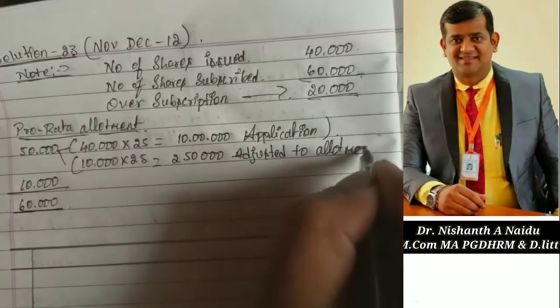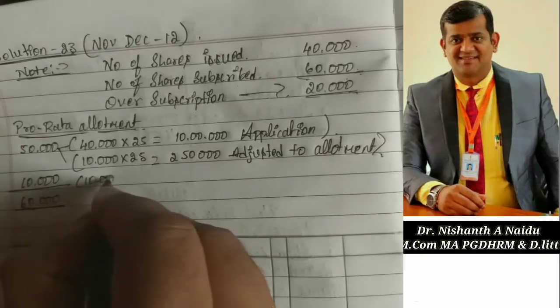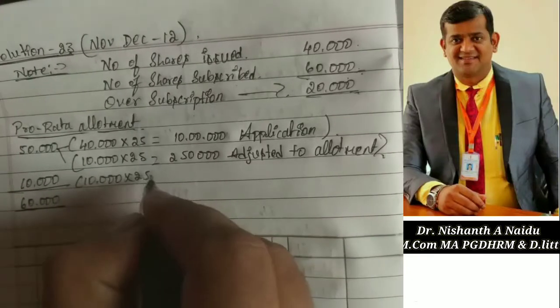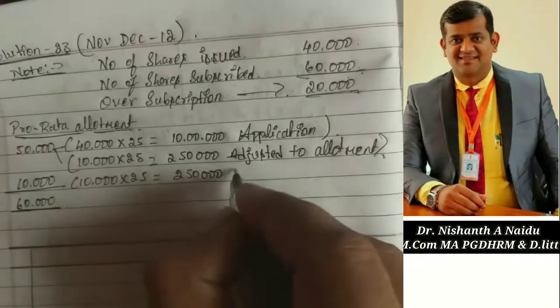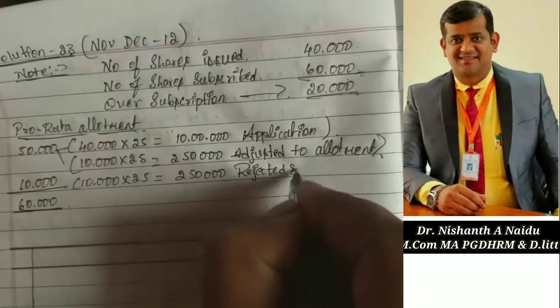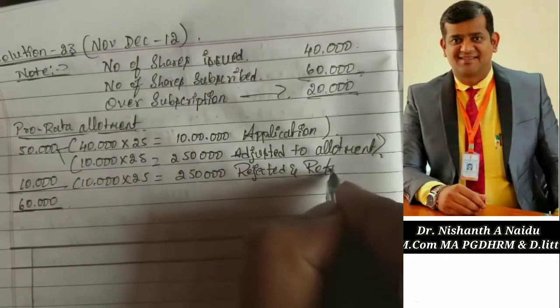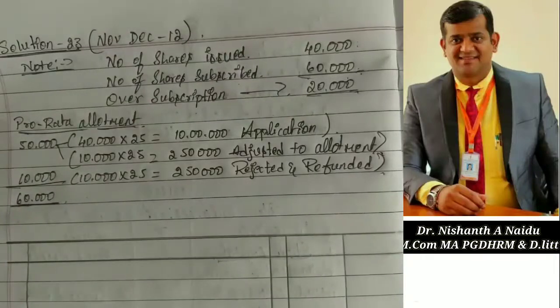Now the balance 10,000 into 25, that is 2,50,000, is rejected and refunded. So understood this working, is it correct?